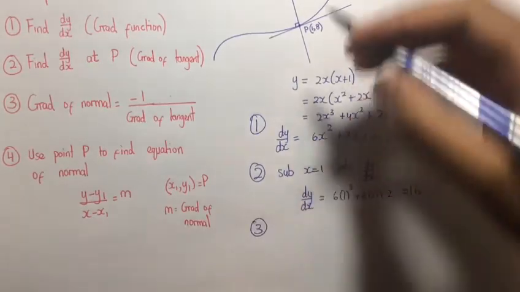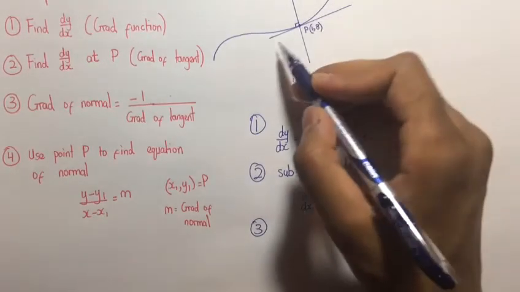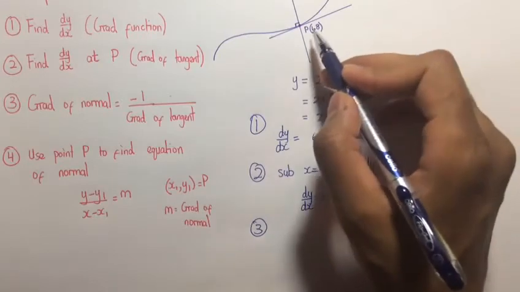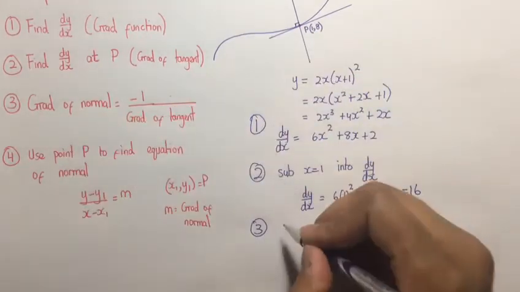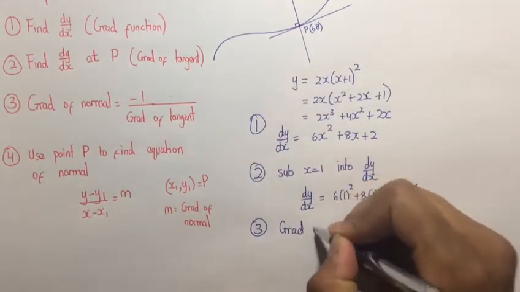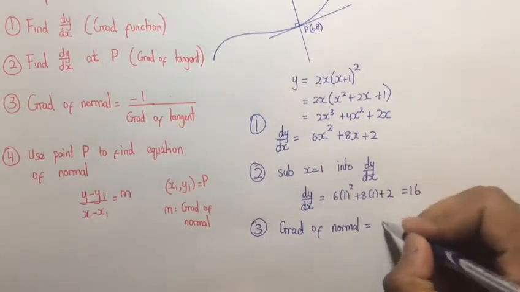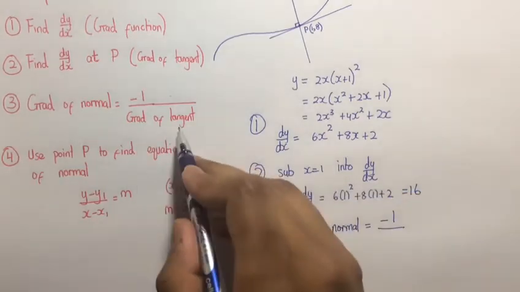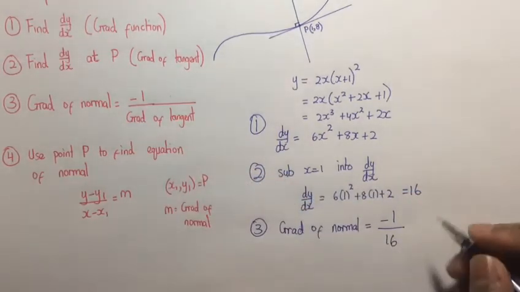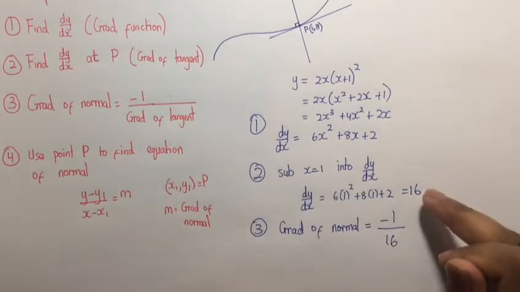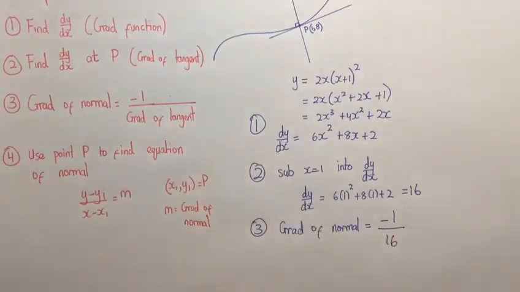Now remember that the normal through P is perpendicular to the tangent at P. So therefore the gradient of the normal is equal to minus 1 over the gradient of the tangent, which is 16, because the product of the gradients of perpendicular lines equals minus 1.